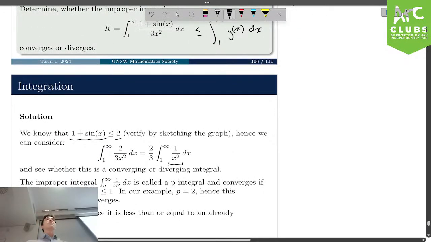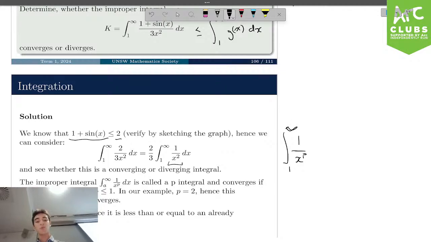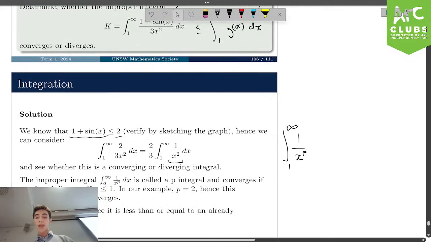Now, what we apply to actually find this out is something called the p-test, okay? These integrals, where it's 1 over x to some power, have a neat little rule to check if they go to infinity or actually converge to some amount. It's called the p-test.